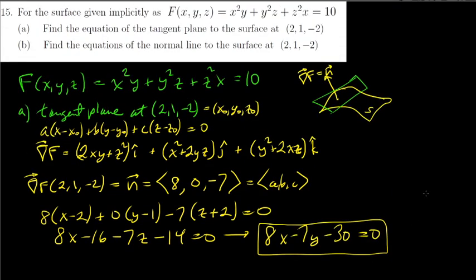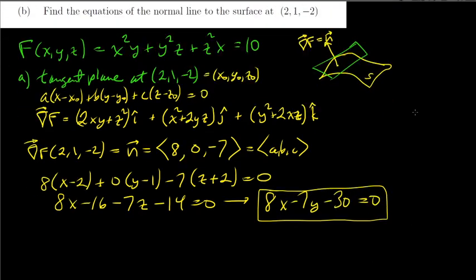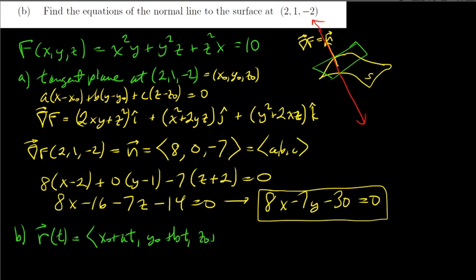All right, so that's part A. Part B, find the equation of the normal line. So basically the line in the direction of this normal vector here. So this line here keeps going. So what do we need for the equation of a line? So let's say with position vector, x0 plus at, y0 plus bt, and z0 plus ct.